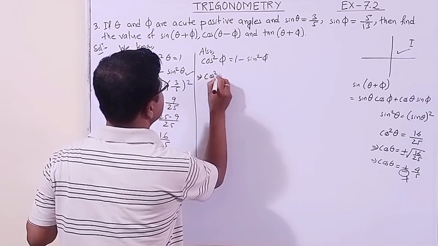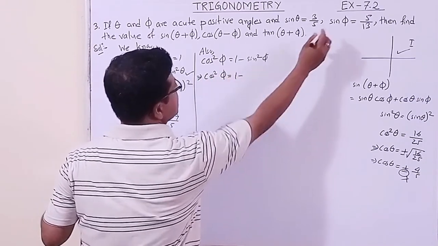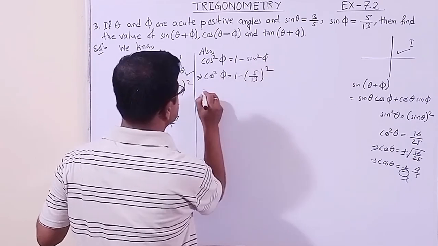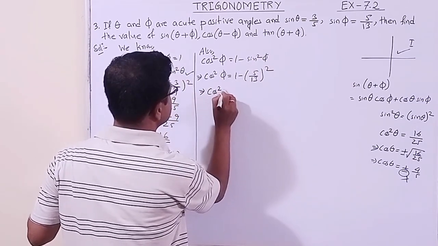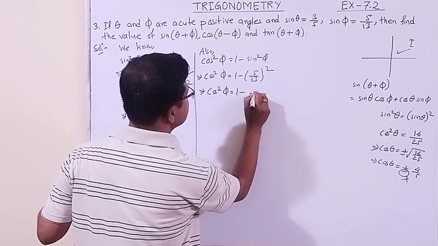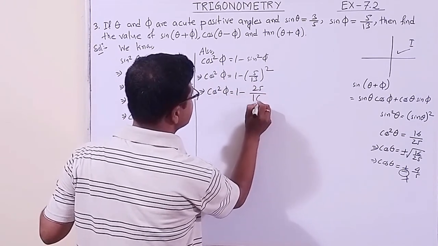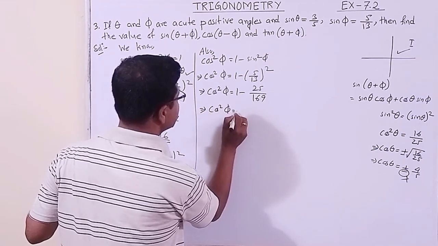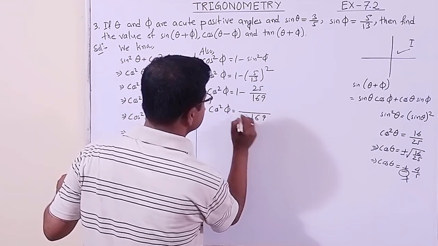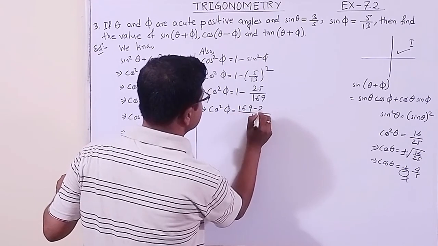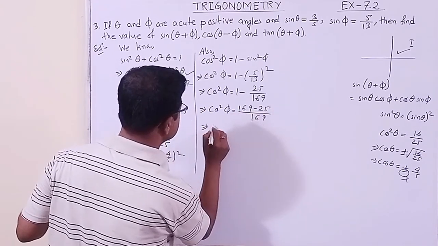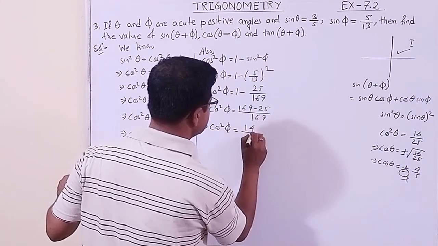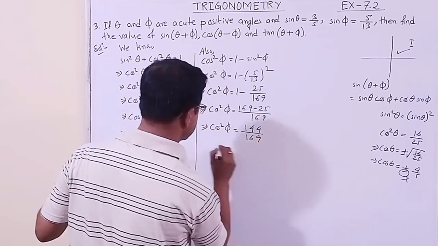So cos square phi equals 1 minus sin phi, which is 5 by 13, and its square, as the square is there. So cos square phi equals 1 minus 25 over 13 square, which is 169. LCM is 169, so it will be 169 minus 25. Got it? So cos square phi is 144 over 169.